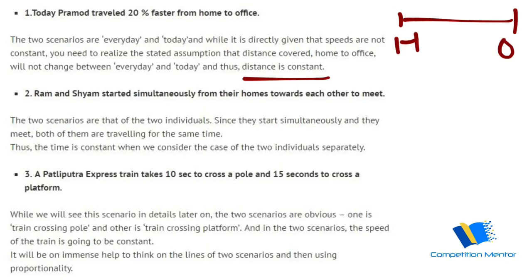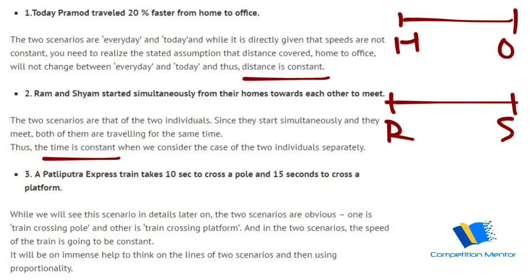So now again let's derive what is constant. Ram and Shyam are meeting. These two scenarios are that of two individuals, right? Since they start simultaneously and they meet, both of them are traveling for the same time. The time is the same. So that's why we got time is constant, right?